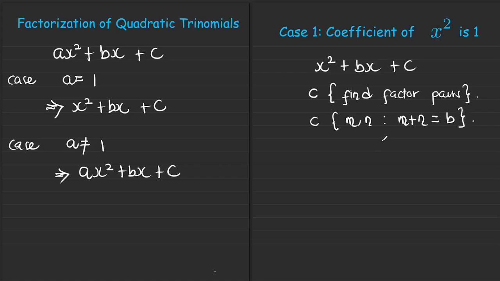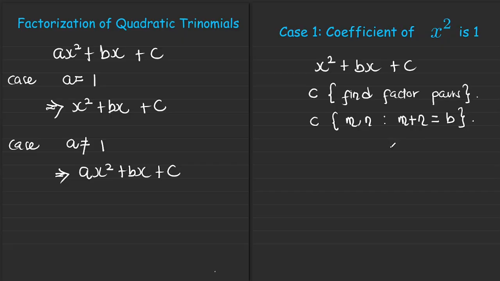What I mean is, if you find the factor pairs of c and add them together, they should give you b. With these factor pairs, you now rewrite b as a sum of the 2 numbers, and then you can now factorize.